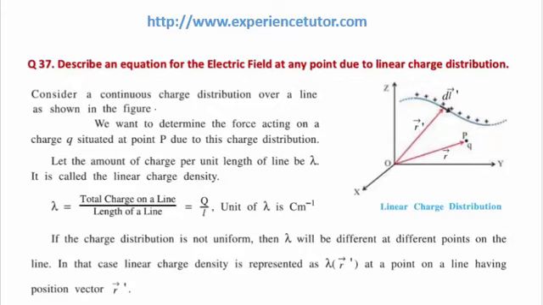Question 37. Describe an equation for electric field at a point due to linear charge distribution. Consider a continuous charge distribution over a line as shown in the figure. We want to determine the force acting on a charge q situated at point P due to this charge distribution.